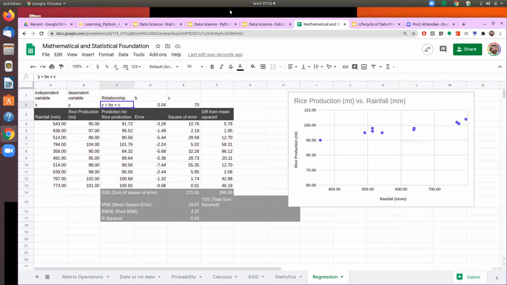So if you try to draw a graph manually, the graph will go something like this.